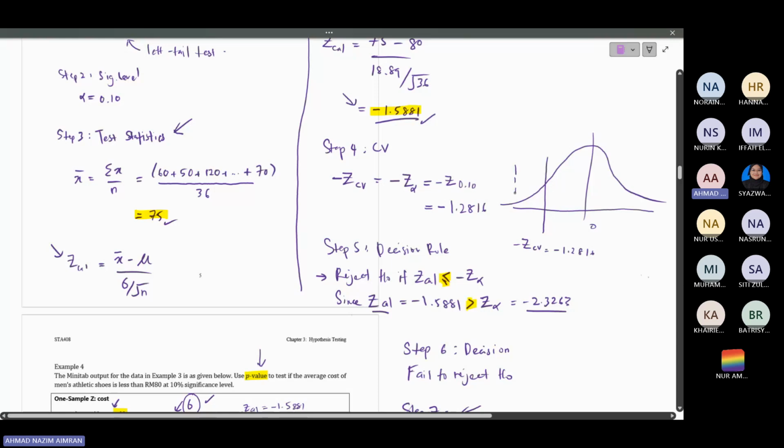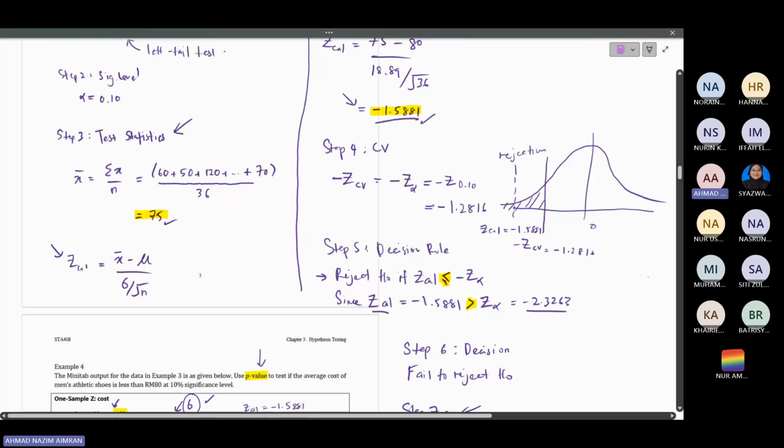So this is your Z calculated, negative 1.5881. It falls under the rejection region.